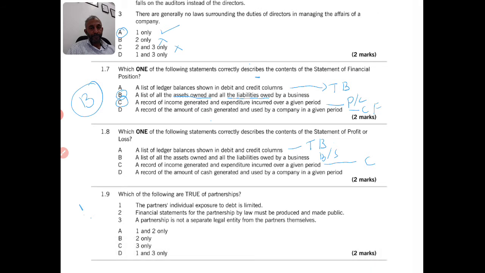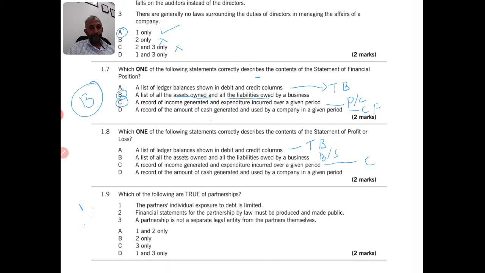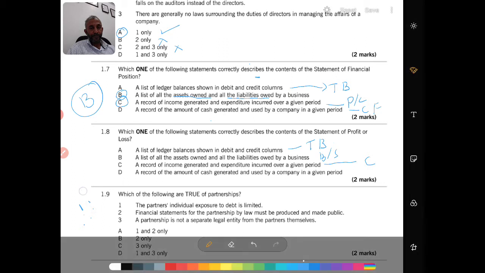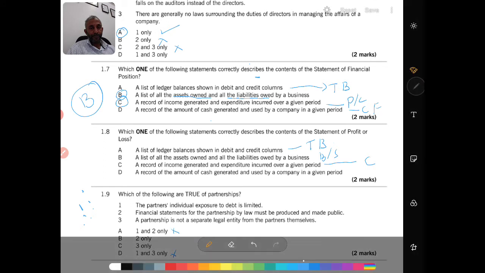And then, which of the following are true of partnerships? So that is 1.9. 1: The partners' individual exposure to debt is limited. No, that's not correct. So 1 has to be wrong. If 1 is wrong, then A is wrong and B is wrong, so it has to be either B or C. Let's read: financial statements for the partnership by law must be produced and published. No, there's no requirement for the partnership financial statements to be published.